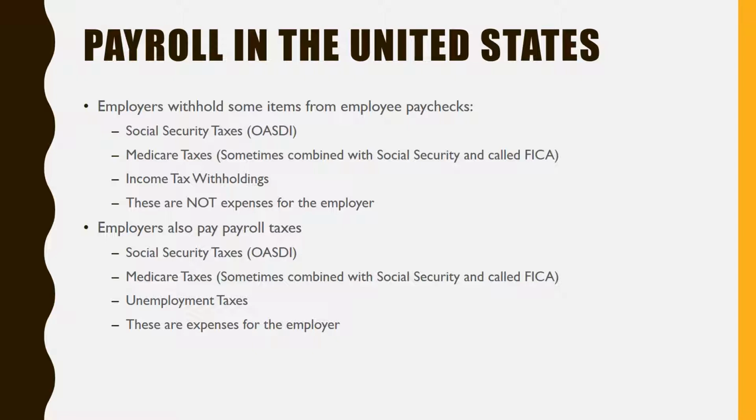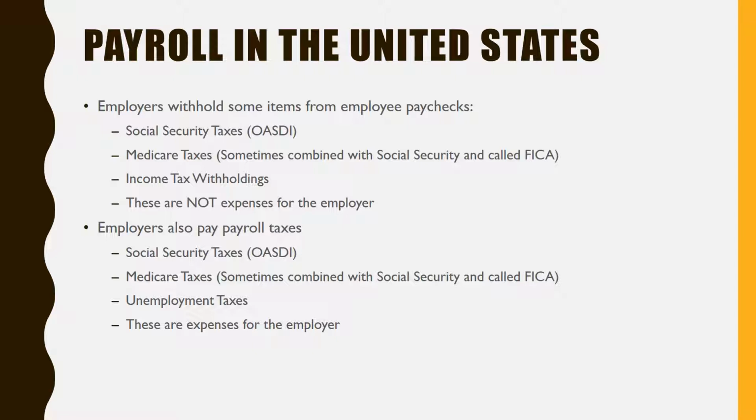And all of these things they're holding on for you and sending to the government as you work are not expenses to the employer because you're really paying for them. The employer's just sending the money in because the government doesn't trust you to save everything and send it in when they want you to.